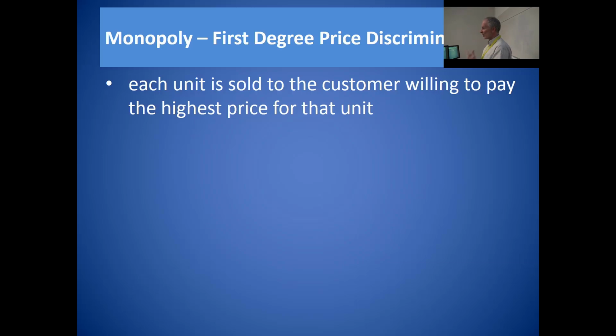Under first degree or perfect price discrimination, the monopolist sells each and every unit of output to that customer who's willing to pay the highest amount for that unit. And that's the price that they pay, that maximum amount for each and every unit.